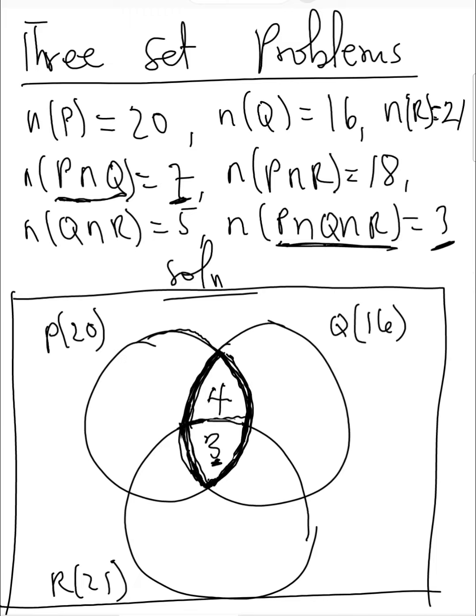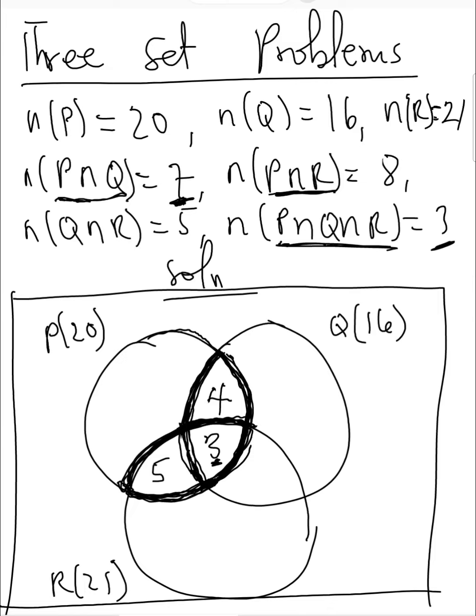So P intersection R is what? 8. But don't forget, this 8 includes the 3 over here. So to get the remaining number here is the same as 8 minus 3, which will give us 5. So you see, when we sum both numbers, 5 and 3, we'll get the 8.